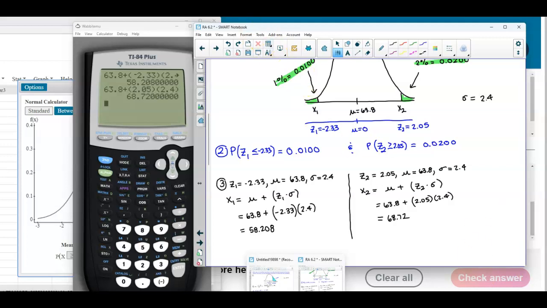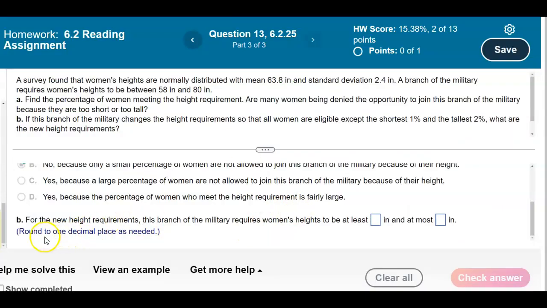Let's go back and take a look at what the question is asking us. It says to round to 1 decimal place. For the new height requirements, this branch of military requires women's heights to be at least and at most what values.